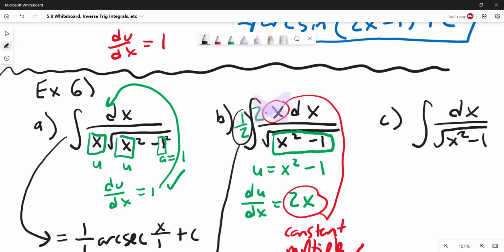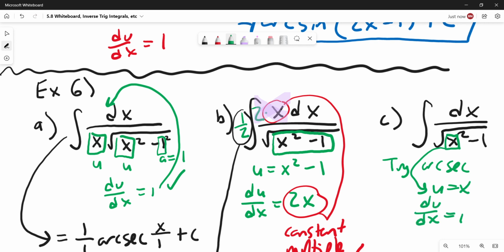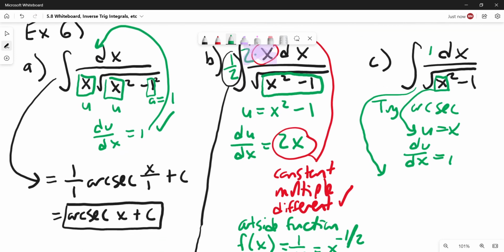We could try it. If our u is x, then our du dx would be 1, which we already have a 1, but we would need an x in the denominator. And we don't have that, right?